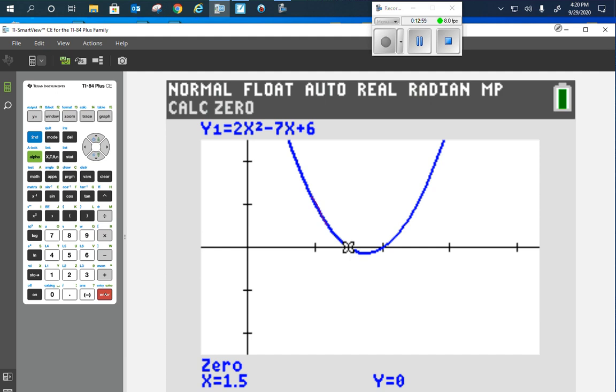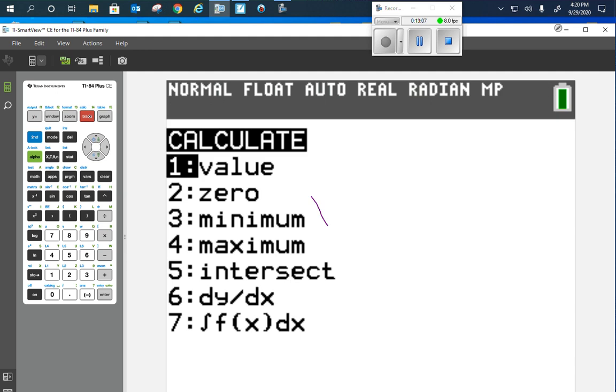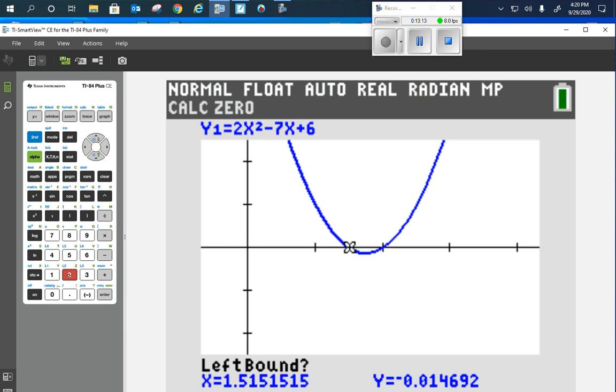All right, and then once again, just so you see the steps, guys, if you can do calculate, which remember is the second trace button, and now you are going to pick a 0 again. So number 2, and use your right arrow key. There you go. Now, if I'm going to be to the left of the next intercept, think about this for a moment.